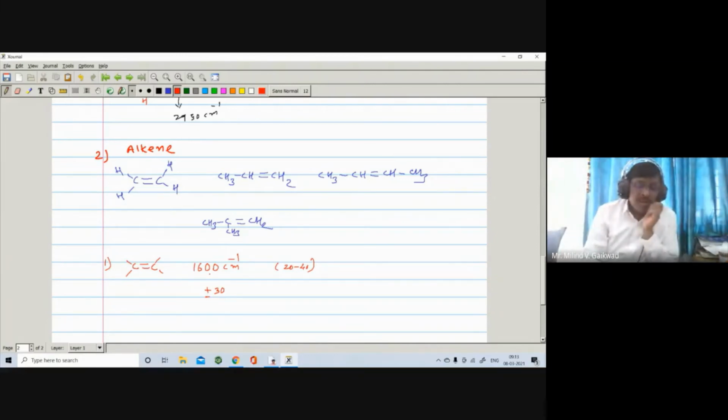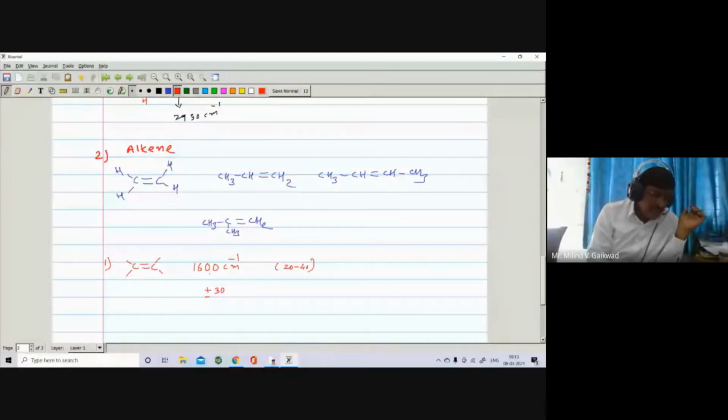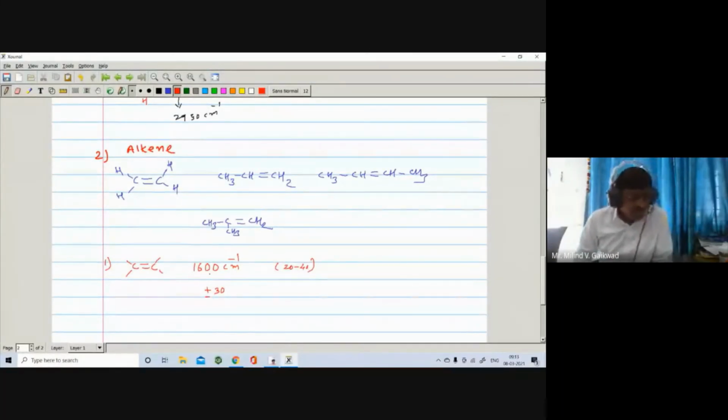In the question paper they have given the value, and it is for aromatic compound and alkene, without giving a range. So they have given that it appears at 1640. So remember only 1600 plus minus 30, 40, 50, and it will work.